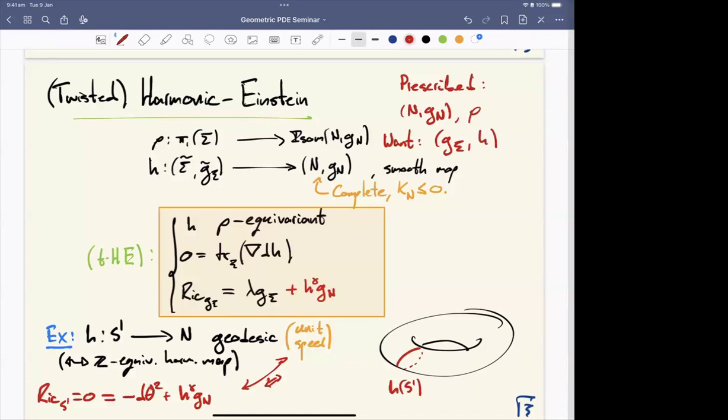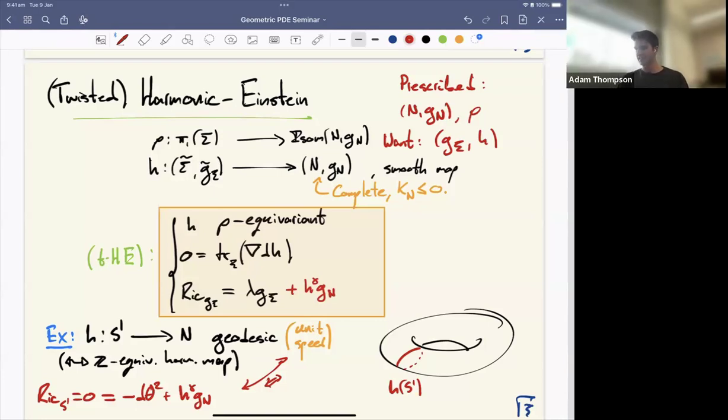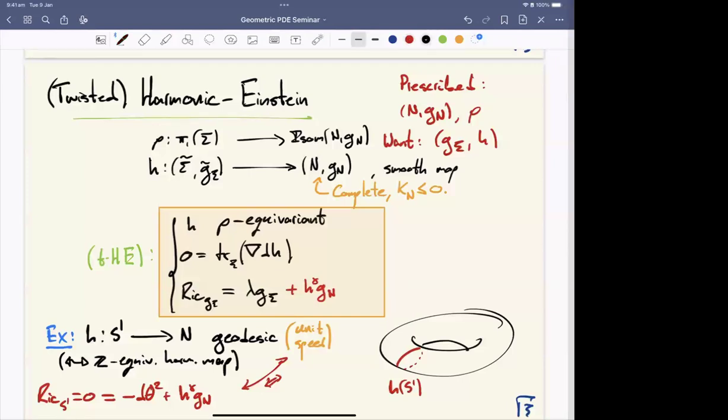Okay, yeah, thanks. When it actually comes down to looking at it, somehow it's useful to think of it as we're trying to solve for a triple, the metric on the domain, the h, and the rho. But really the rho should be prescribed. So rho is sort of like discrete data, isn't it?